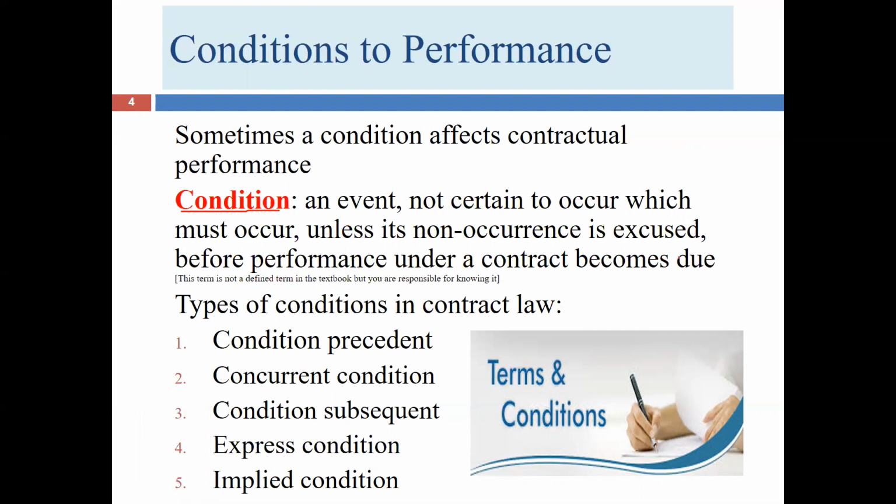This isn't really a good definition because it's really a definition of condition precedent. I'm using it though because it's difficult to come up with a definition that really captures all of the ins and outs of this topic. So just be aware that while we're using this definition of condition, it's really a more narrowly drafted definition than what we're looking at.